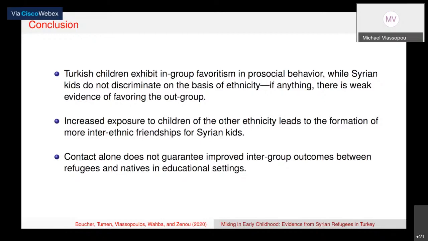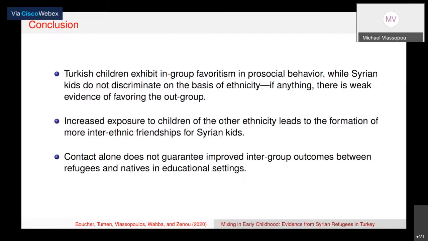If anything, we see weak evidence of favoring the out-group. In terms of indirect friendships, we see results suggesting that exposure leads Syrian kids to increase the likelihood of forming friendships with Turkish kids, whereas we don't see that type of effect for Turkish kids.